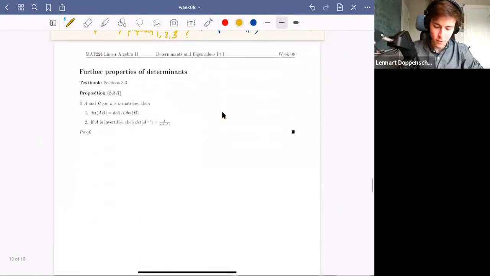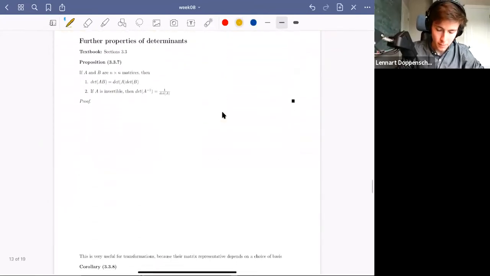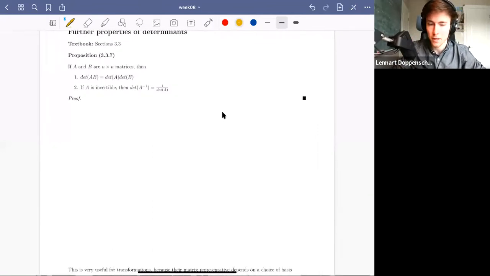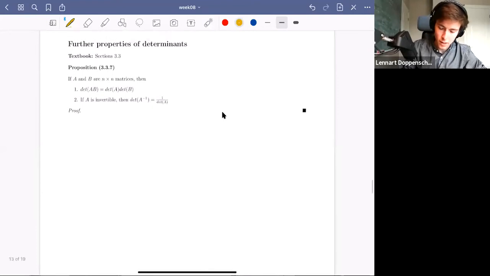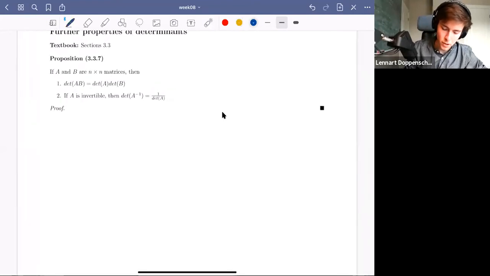Okay, so let's move on to further properties. There's 2 more pages I want to talk about. The first property is very interesting because matrices can be composed by multiplication. And if you happen to have a product of matrices, then you may wonder, what is their determinant? So this proposition says 2 things. The first one is that the determinant of a product of matrices is equal to the product of the determinants of the matrices.